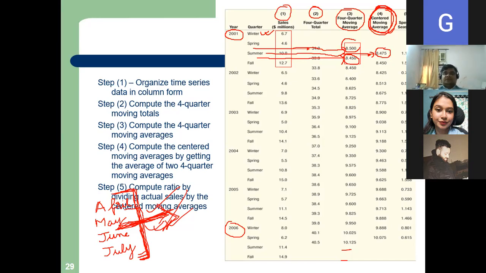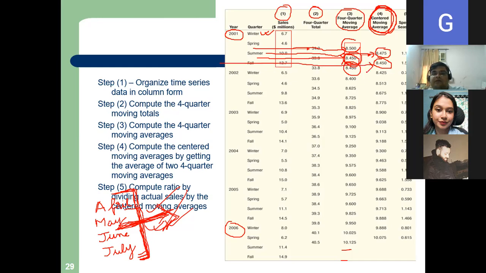Yes, sir. Clear? Yes, sir. So in this way, we take the average of this and this, which is 8.45, and then we write it in the fall.